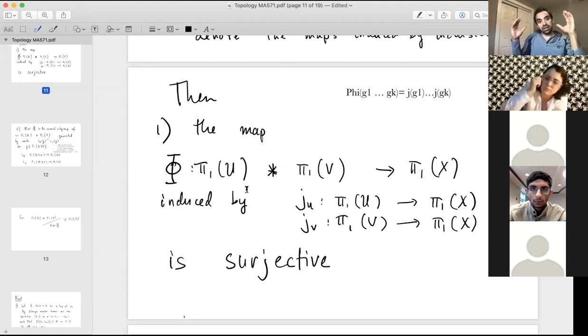And then you look at these elements, the generators, and you first take a bouquet of circles. Have you heard the word bouquet of circles? You take a point and you put circles based on that point for each of these generators. The fundamental group of that space will turn out to be a free group on that number of generators.